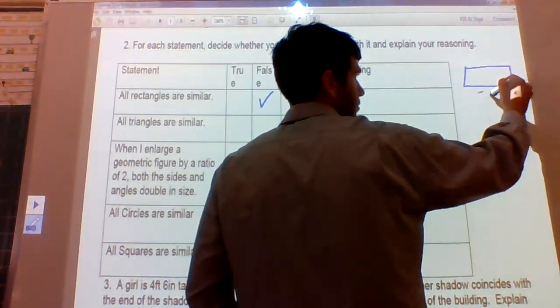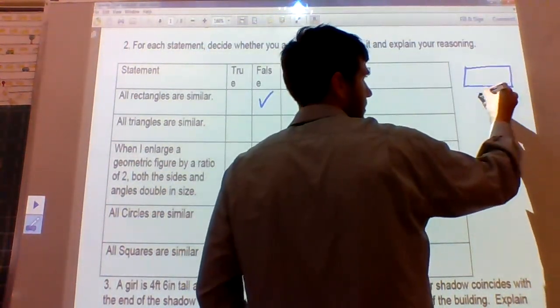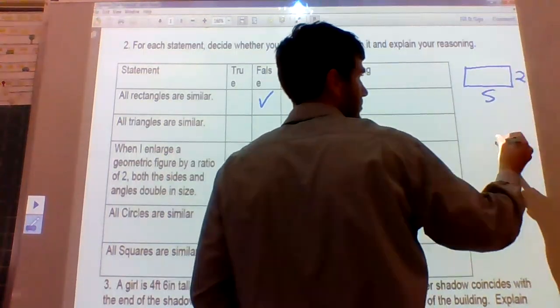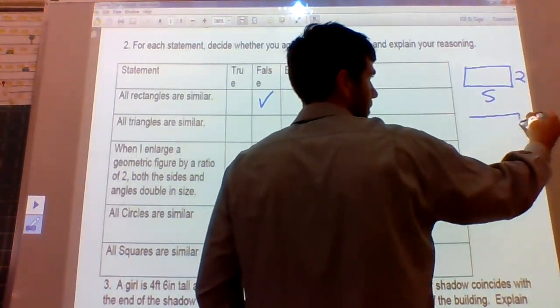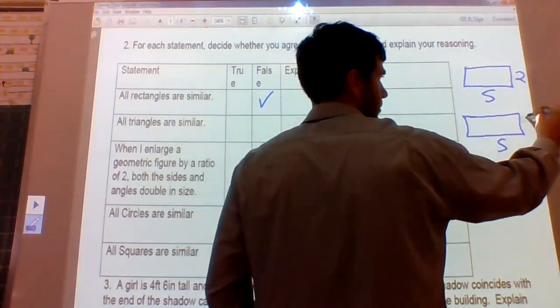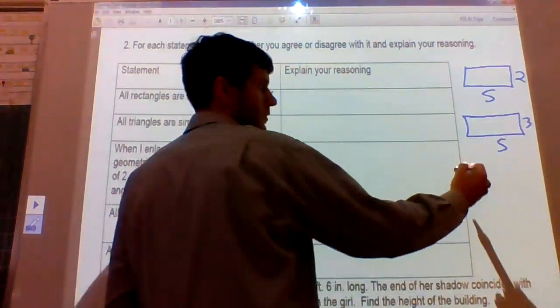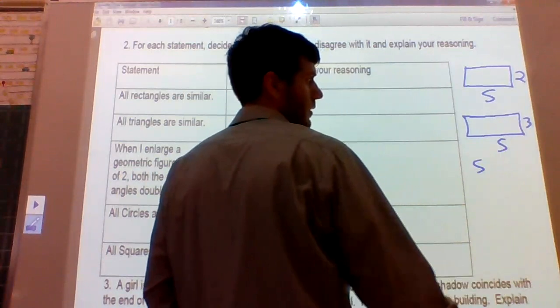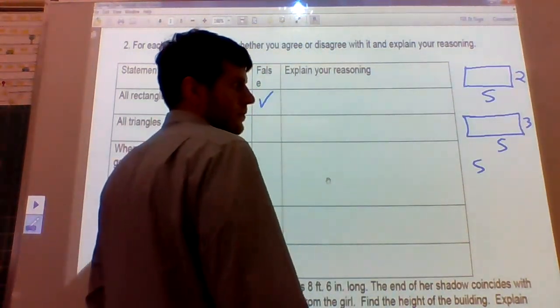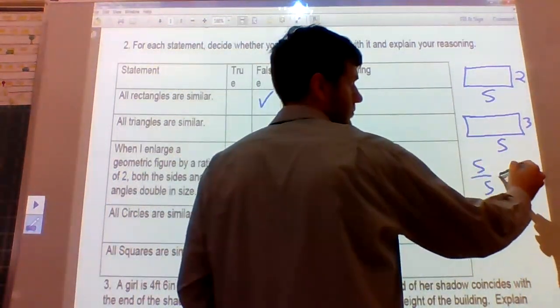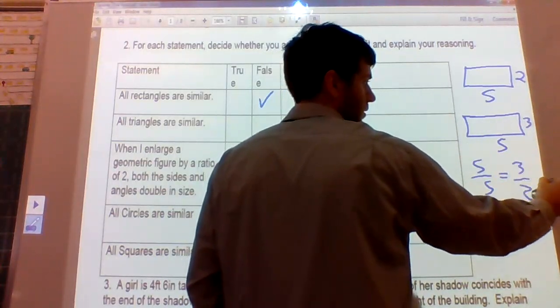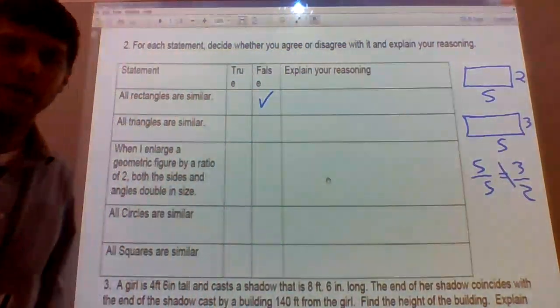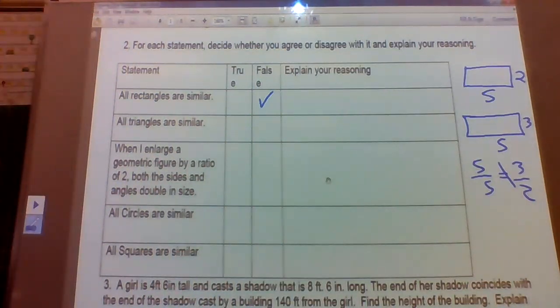But we can just think of an example here. Here's a rectangle, let's say, 5 by 2. We could also then have a rectangle here that is 5 by 3. So 5 over 5, 3 over 2. Those are not equal, so we don't have ratios between the corresponding sets of sides that are equal, so the sides are not proportional. Since the sides are not proportional, the rectangles aren't similar.